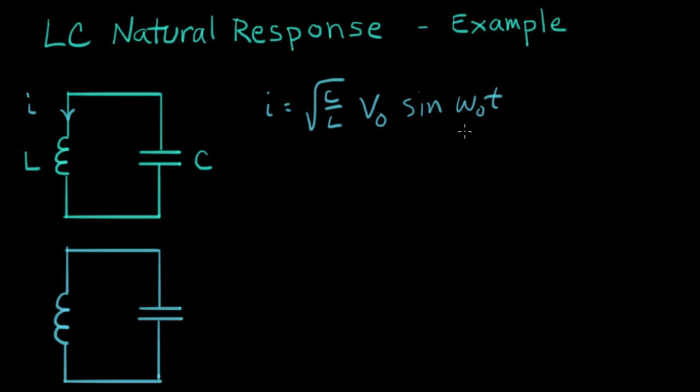And omega naught is the natural frequency, and we said that omega naught was equal to the square root of 1 over L times C. And V naught is the starting voltage on the capacitor. And our original assumption was that I was 0 to begin with. And that's the expression for the current.